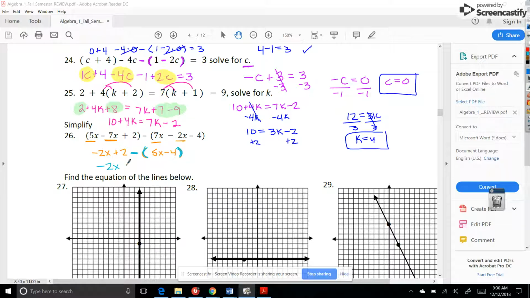So I have negative 2x plus 2 minus 5x. Then I'm subtracting negative 4. Combining like terms, negative 2x and negative 5x should give me negative 7x. And 2 plus 4 is 6. No solving here, it's just simplifying. There's no equal sign.